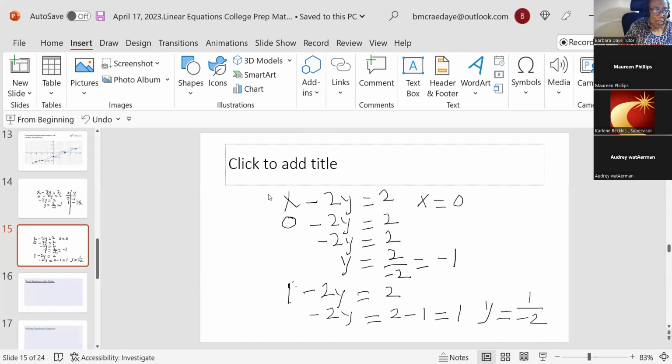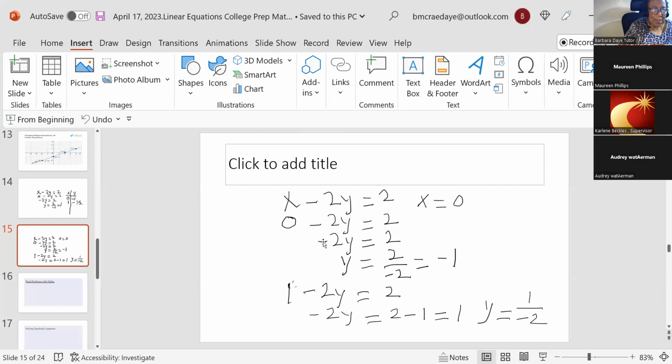So put where you see the X, put a 0, right? Minus 2y equal 2. Now you want to take this equation and solve it for Y. You take away the 2y from the 0. 0 minus the 2y is a minus 2y.